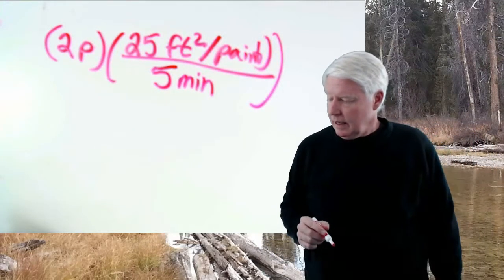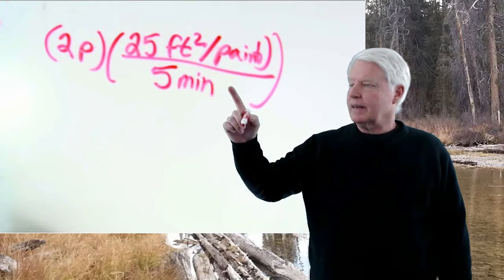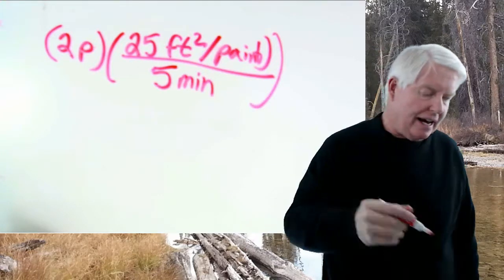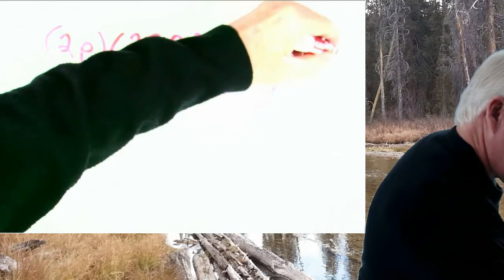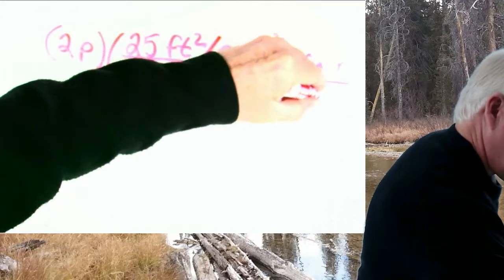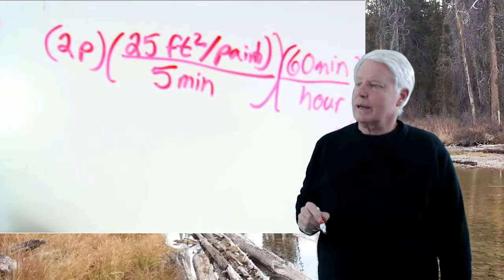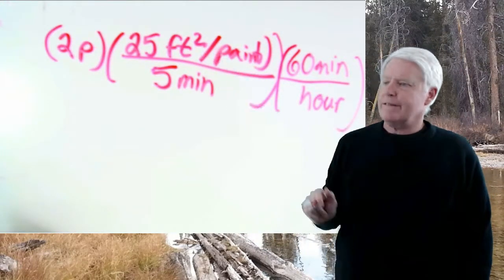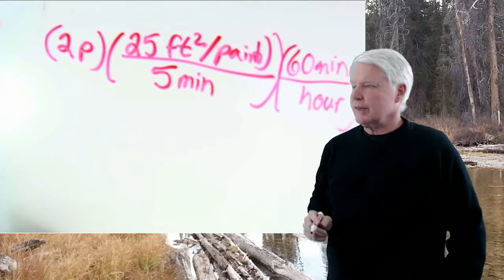Okay, then I need to convert that to hours. So I'm going to convert this 60 minutes to hours, just to convert it to hours. Then I'll worry about converting square feet to square meters in a little bit, but let's do this much first.